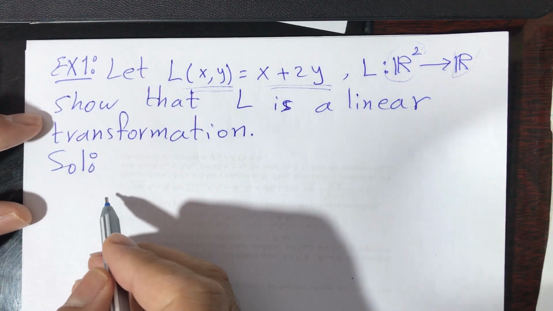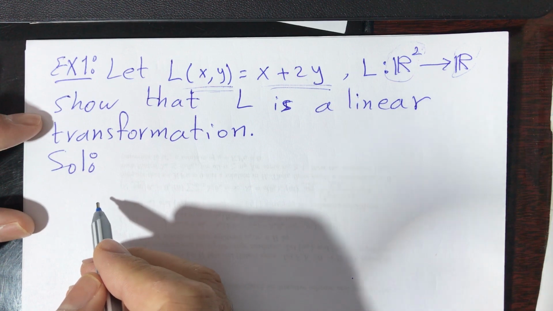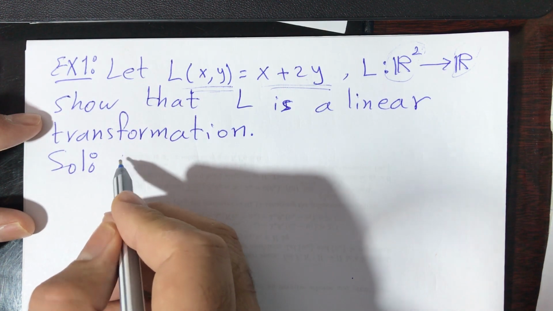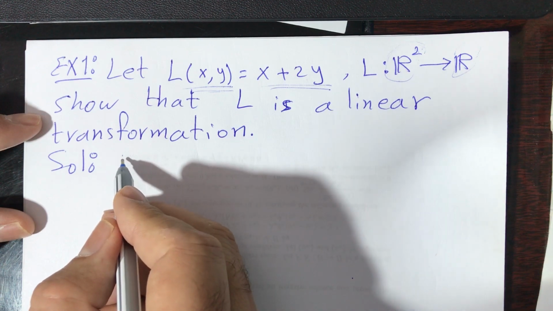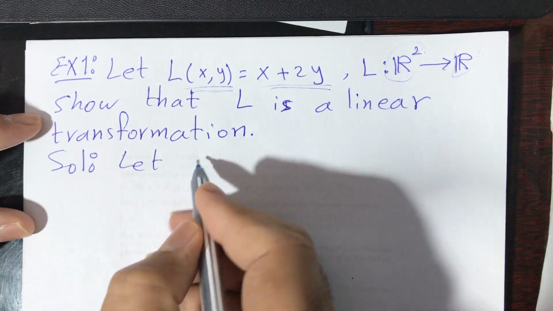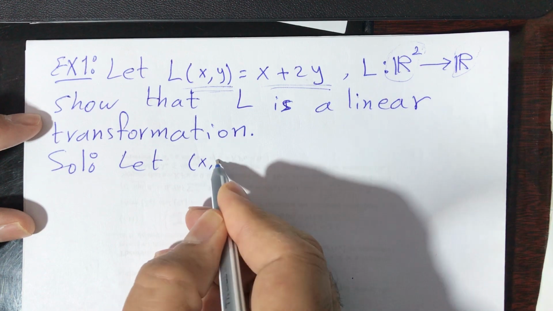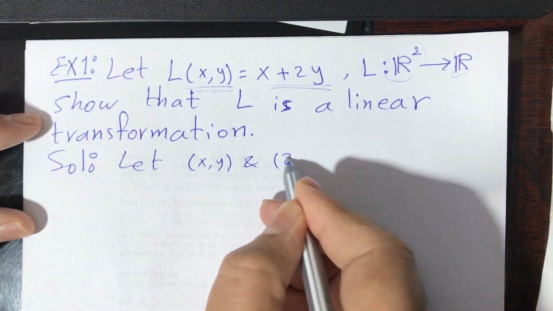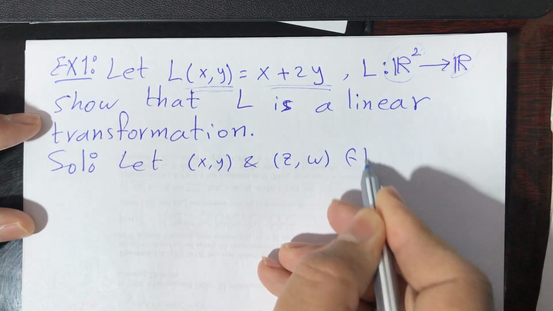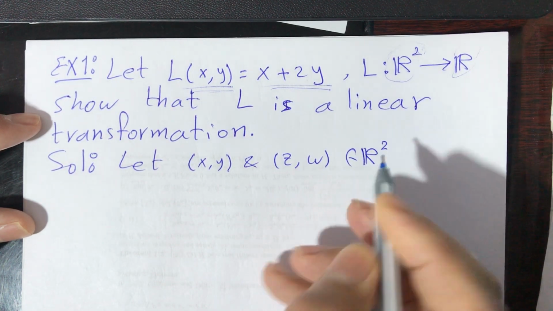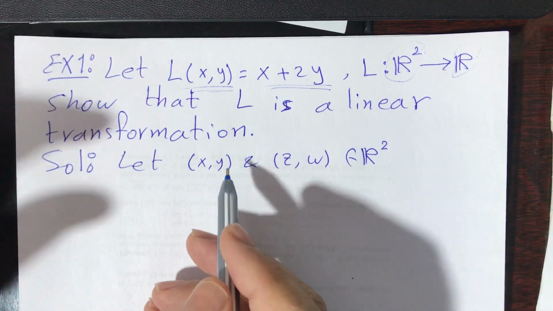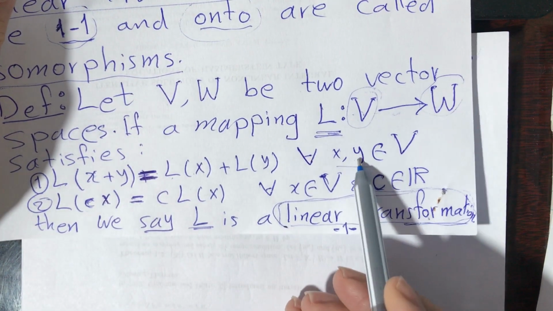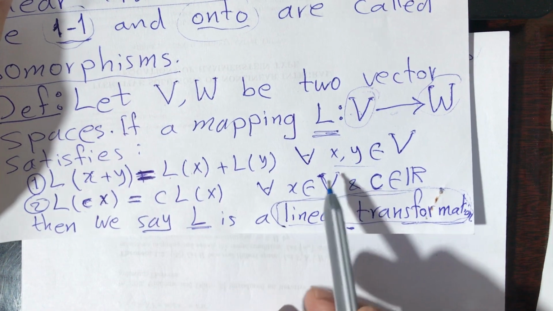Look, let (x, y) and (z, w) belong to R2. These are two vectors, for any two vectors, because this is just the definition.